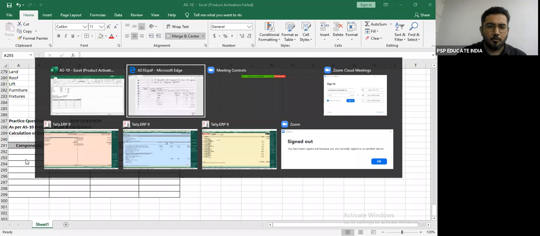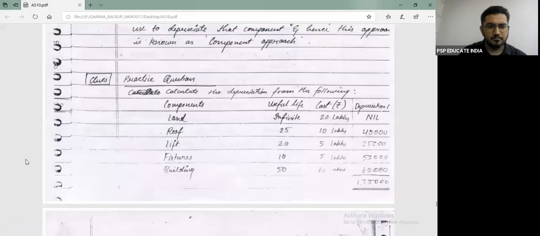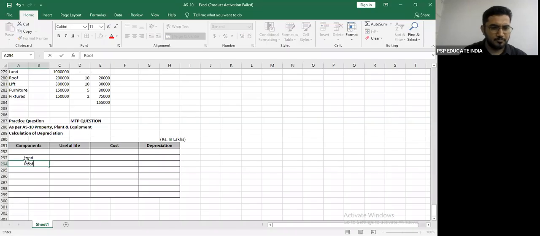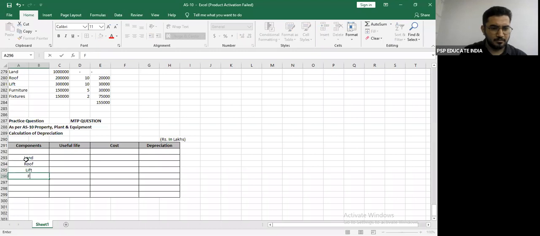So what are the components given in the question? You have land, roof, lift, fixtures, and building.